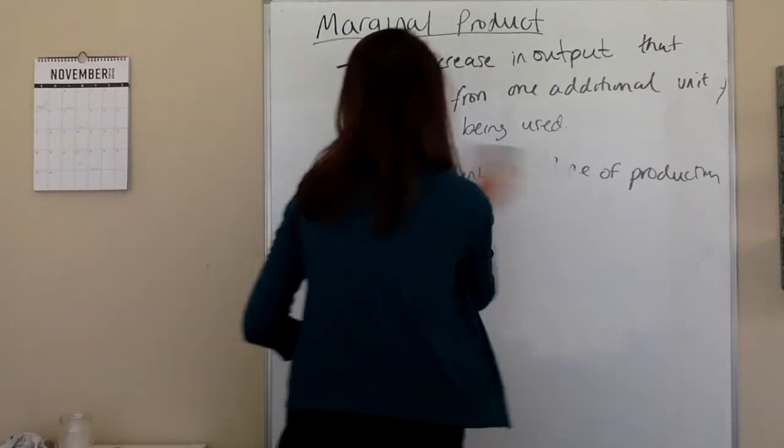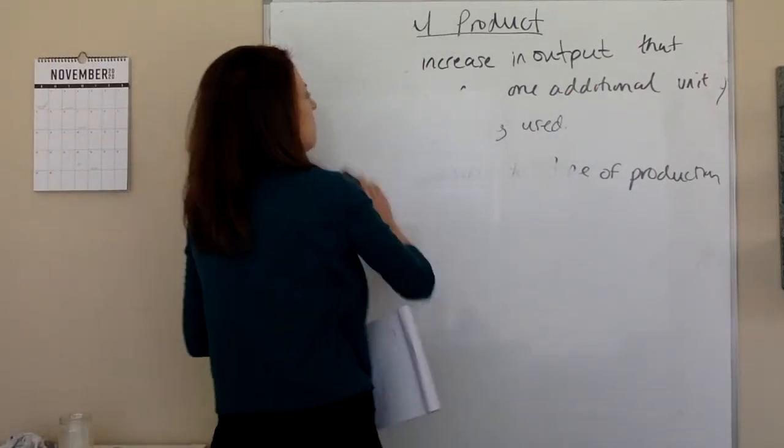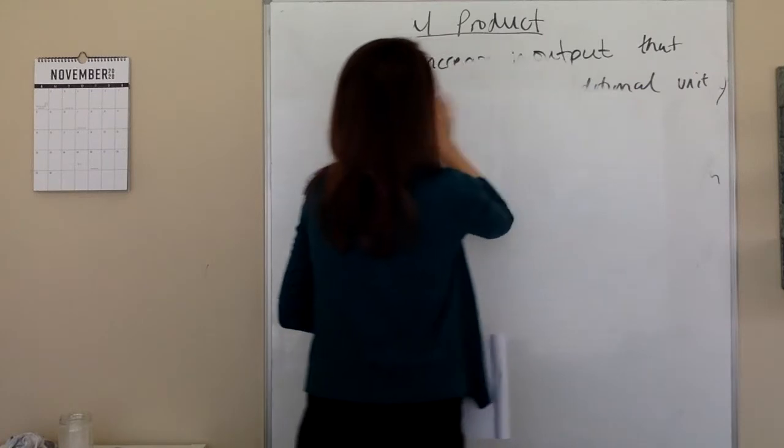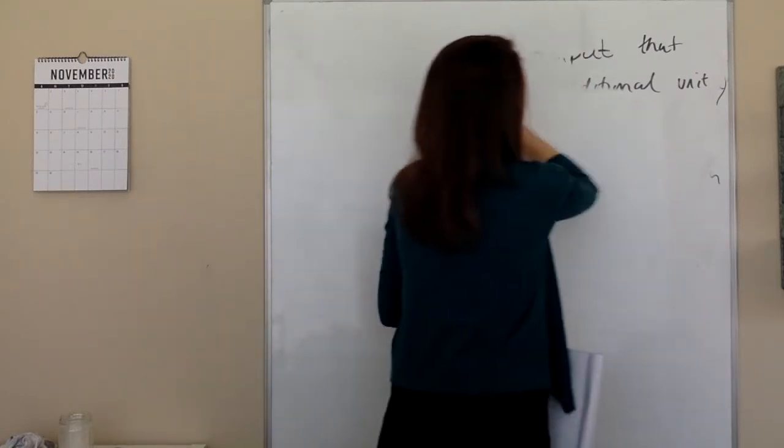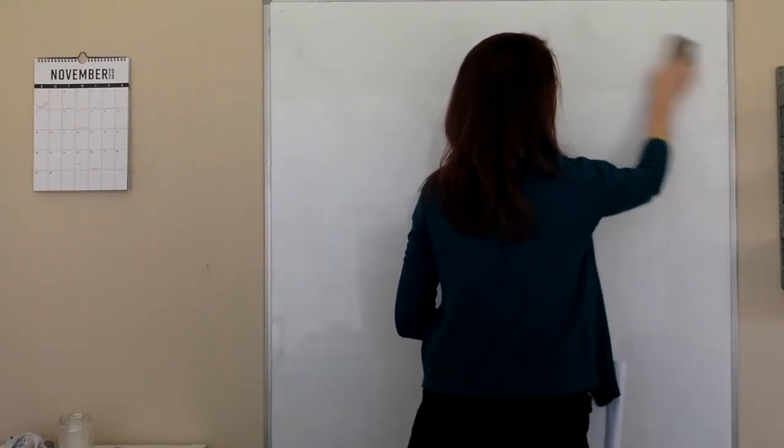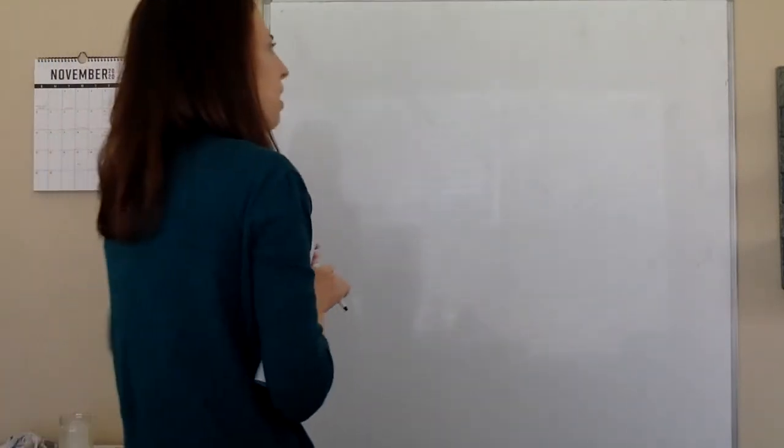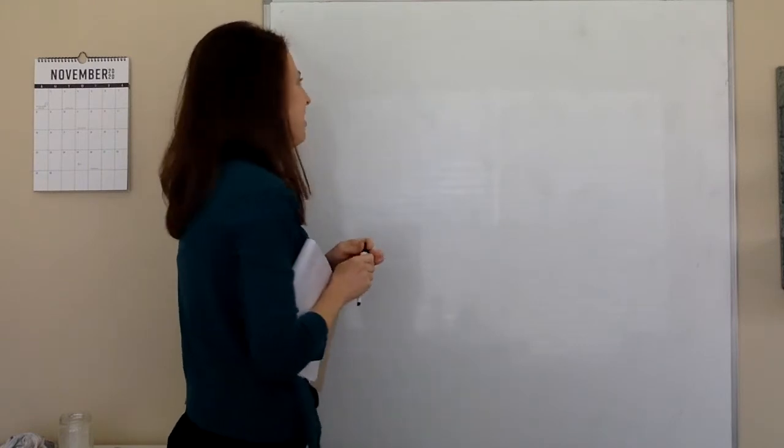Okay, and actually I'll erase and write it here at the top. So diminishing marginal product is simply a phenomenon in which the marginal product of the inputs that you're using diminishes the more and more inputs that you use.